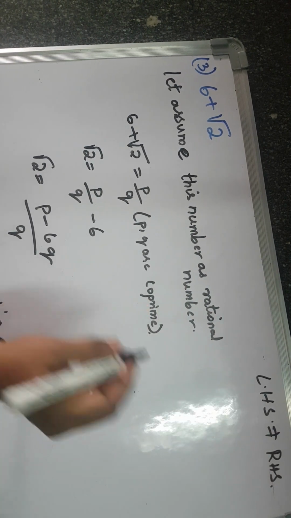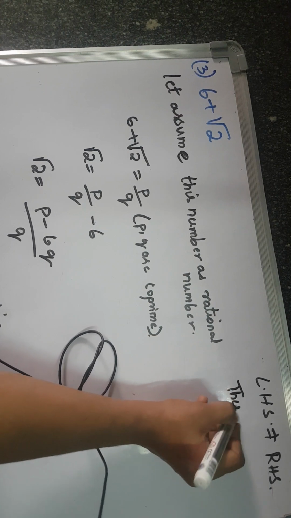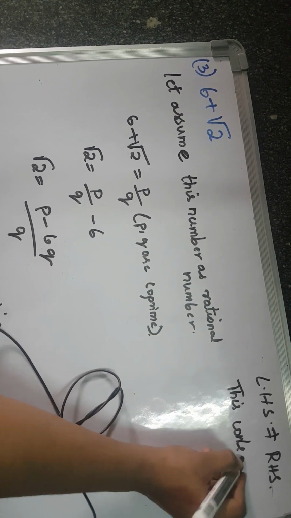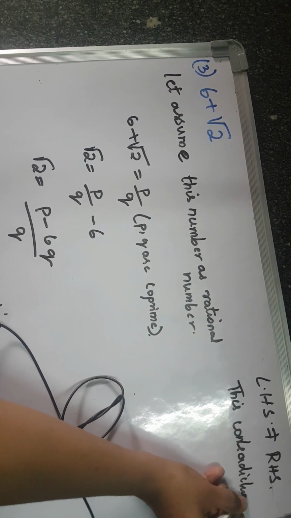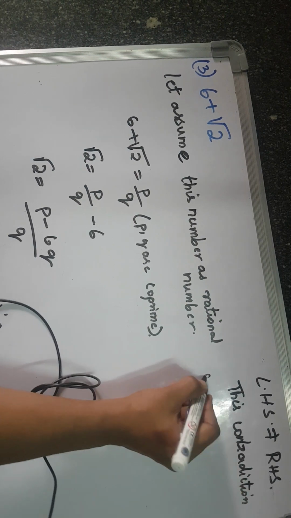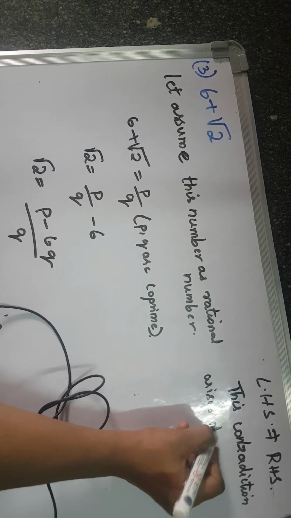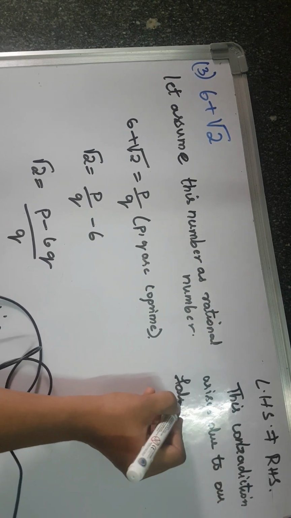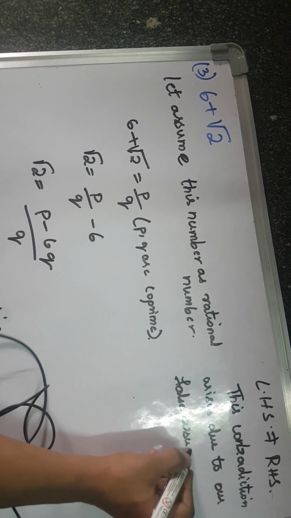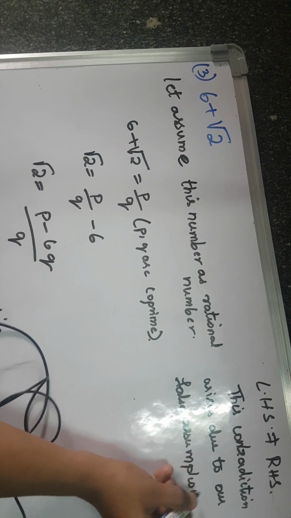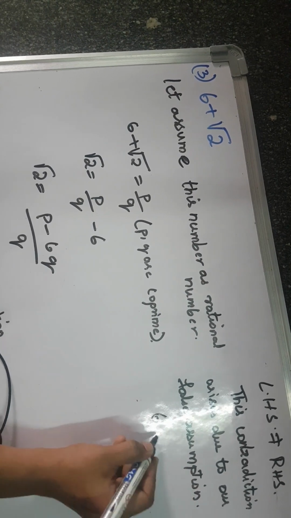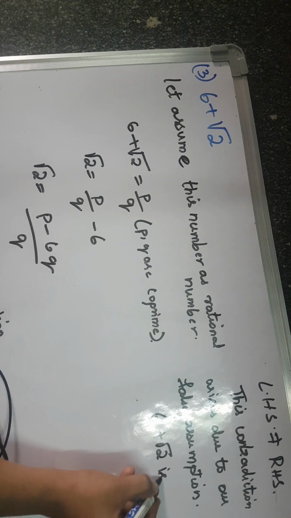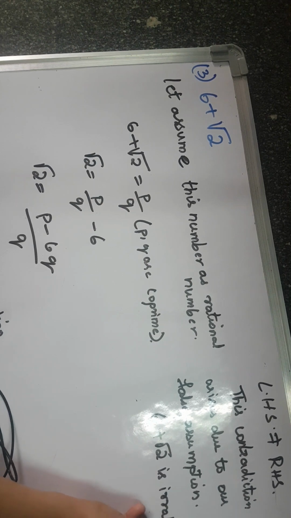This contradiction arises due to our false assumption. So we will say 6 plus root 2 is an irrational number.